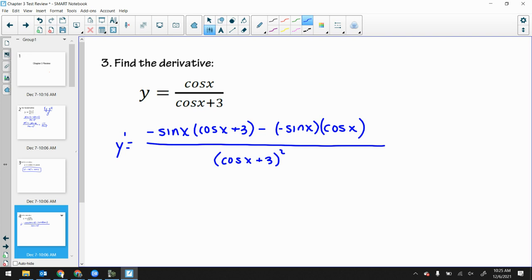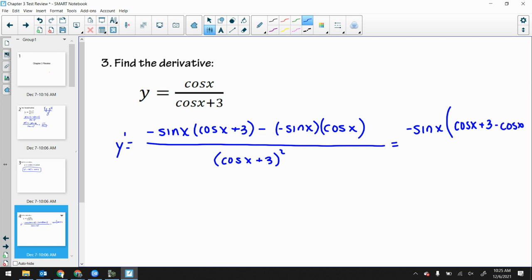Okay, let's see what we can do. Looks like we can pull out a sine, excuse me. Yeah, we could pull out a negative sine, can't we? So that would be a negative sine x. Now watch this. Be careful here. This is a negative sine x all the way on the outside, and then that's going to be cosine x plus 3 minus cosine x.